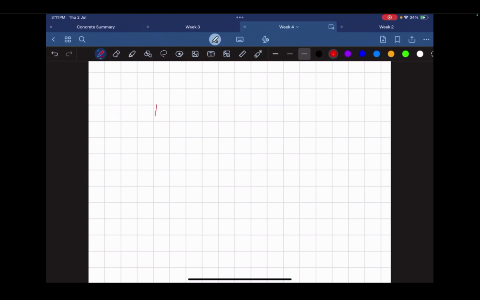Imagine you guys have a beam. Right, quick example. This loading has two parts to it: you've got live load, you've got dead load. 5 kilonewtons per meter, 3 kilonewtons per meter. How do you figure out the load actually acting?